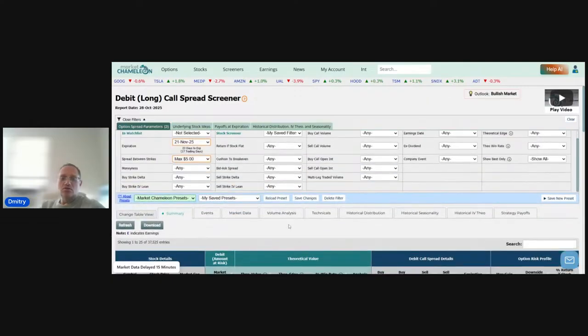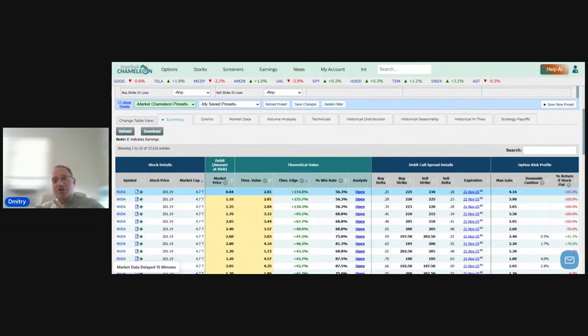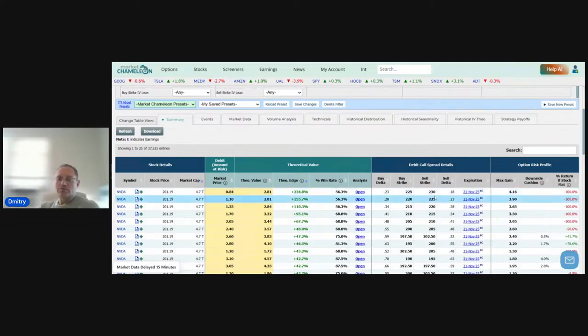And then below, we have a data table, which shows different combinations of call spreads and then related analytics and data to that call spread. Okay, so if you're looking from left to right, you can see we got symbol, stock price, market cap. These are analytics for this call spread.